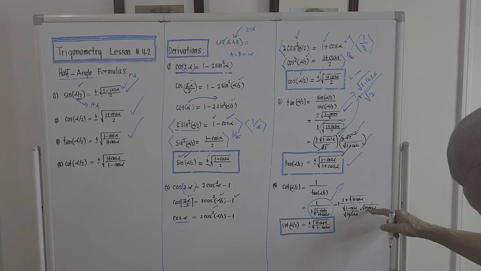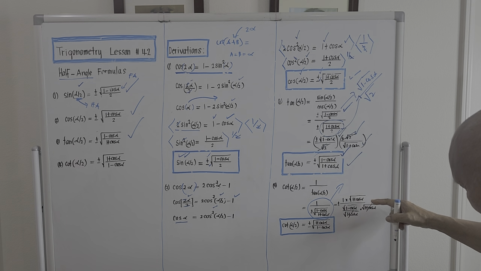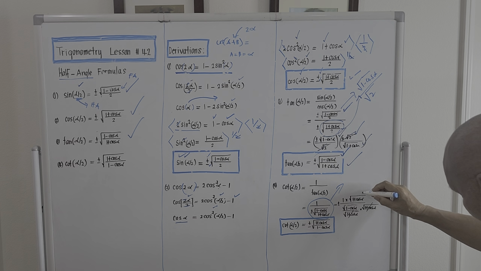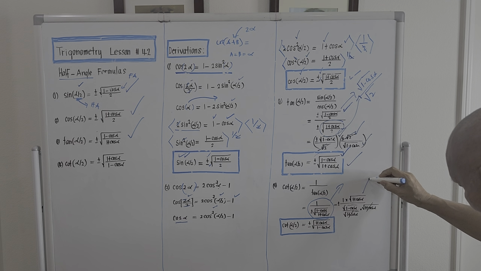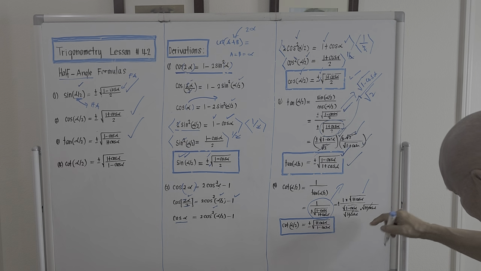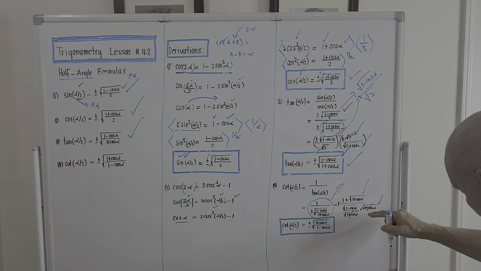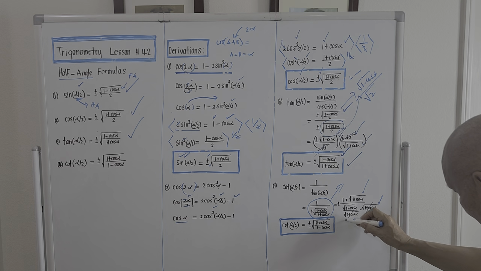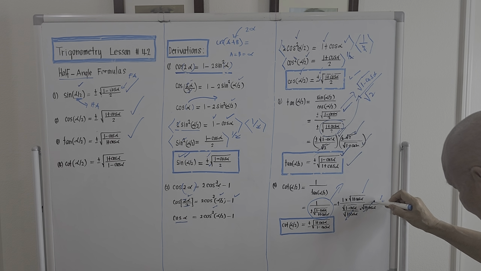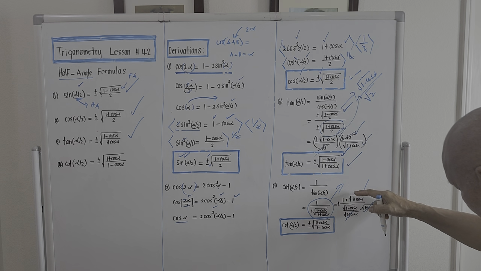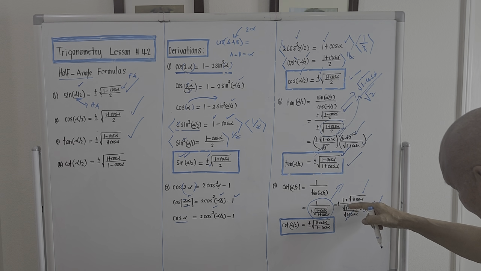We introduce this one because this one here over this is actually 1. So we could put this one here as square root of 1 plus cosine of alpha. The bottom portion, we multiplied it by the square root of 1 plus cosine of alpha. And actually, this cancels with it. So what remains will be the square root of 1 plus cosine of alpha all over 1 minus cosine of alpha.